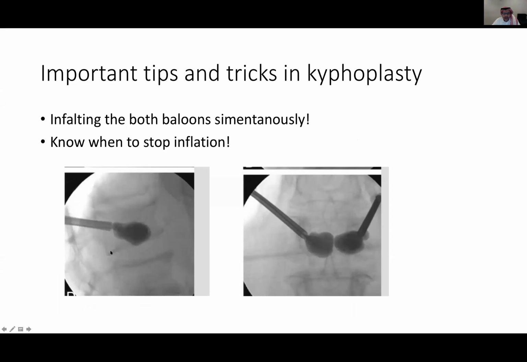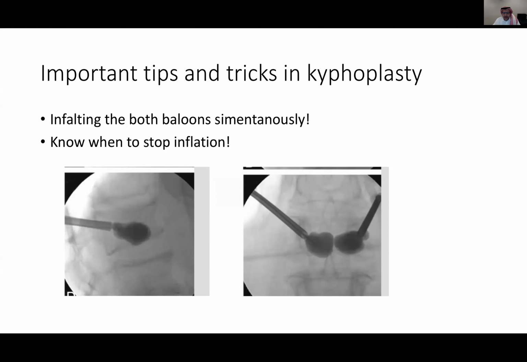Now, when you're inflating the balloon, one advice: you can inflate and your colleague can inflate at the same time, simultaneously. It causes a void, and if you place your channel very well, it causes a void from central to peripheral, up and lateral. So you are pushing all the cancellous bone up to push the fracture and to the side.